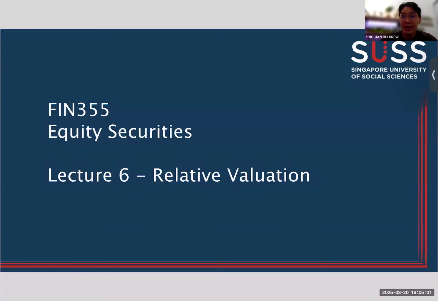For your ECA, and generally for this module, there'll be a question on relative valuation, right? So rather than keeping this to lecture 6, and then you have quite little time to submit your ECA, I would like to cover lecture 6 right now.